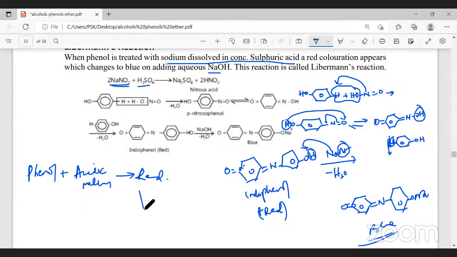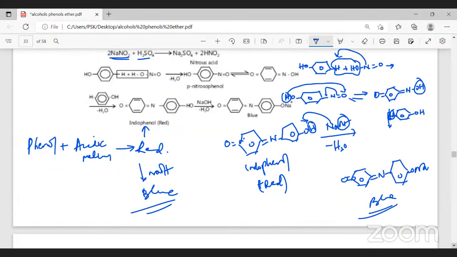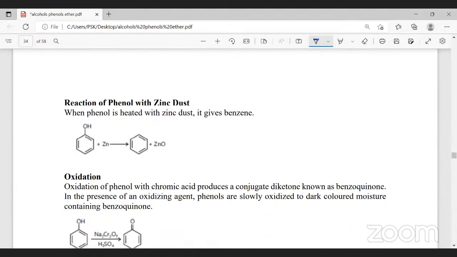Then when you alkalinize that by adding sodium hydroxide, the color changes to blue. Red color is because of indophenol and blue color is because of this complex molecule formed. That is what you should remember based on a test called as Liebermann's test. Now these reactions are important.